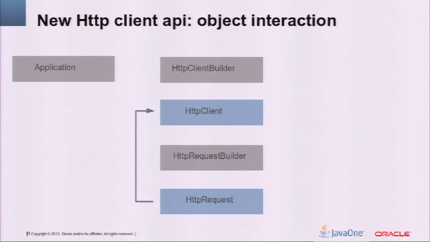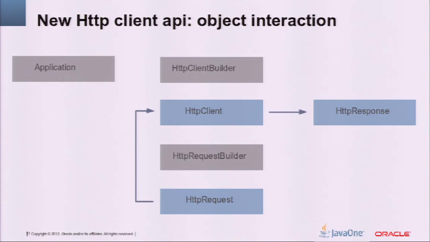Then once you've formulated your HTTP request using the request builder, you pass the request back into the client in one of the execute methods, and this opens the TCP connection to the server, sends the request object, its headers and properties and payload in various different modes, and then at some later time when the server is ready, you receive a response back from these execution calls on the client.